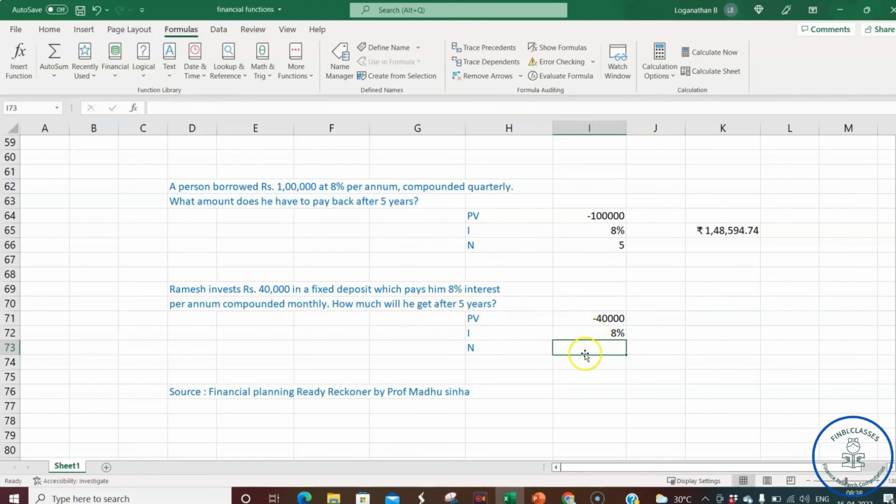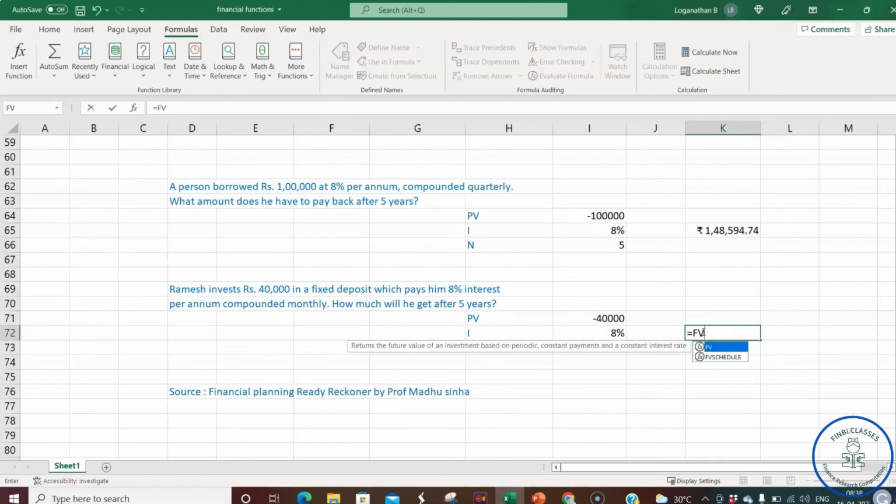Then N is 5 years. So we can directly calculate, which is compounded monthly. In this case, we have to divide the interest by 12 and multiply the number of years by 12. So equal to FV. Our rate is 8% divided by 12, comma.